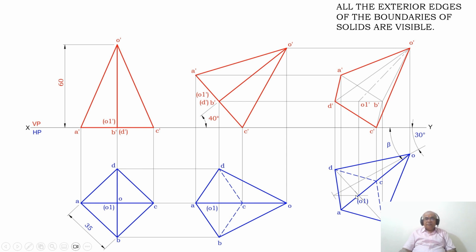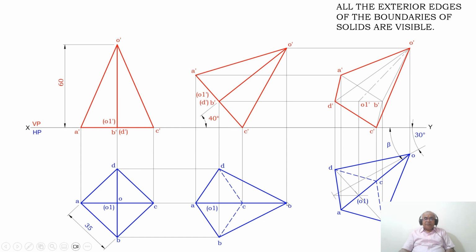Then as we know, this line is perpendicular to the O1 line. So O1 is the inclination, the apparent inclination beta. From this point, by using the protractor with reference to this O1 line, you measure an angle of 90 degrees and then draw a perpendicular to O1, and you extend this O1 by some distance here or below that.